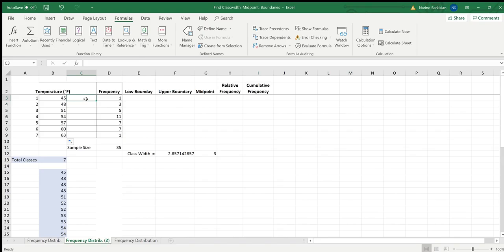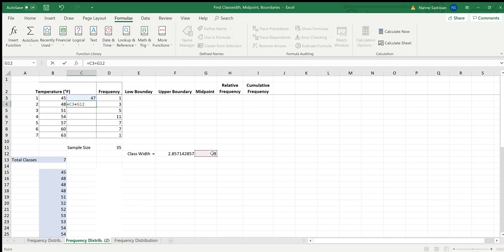Okay, now how do I know what's the upper boundary of this first class? If the second class is starting with 48, the upper boundary of the first class is going to be 1 less, 47. So if here is 51, here is going to be 50. Or the other way, because the upper boundary also goes by a difference of 3. So instead of 50, I can click on 47 and add this 3 here.